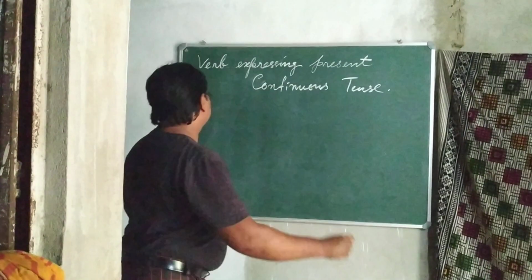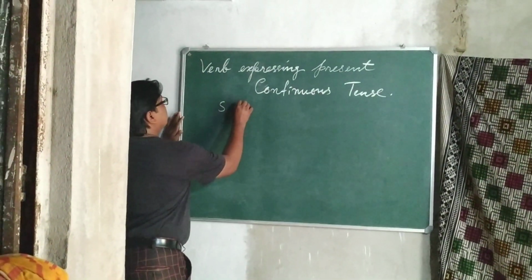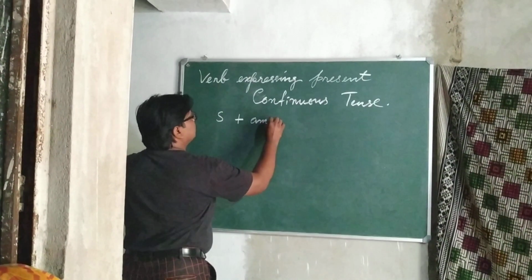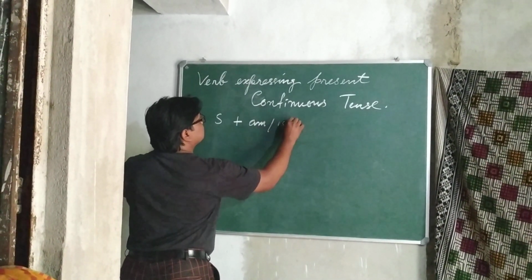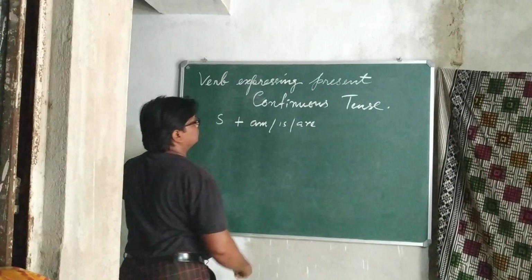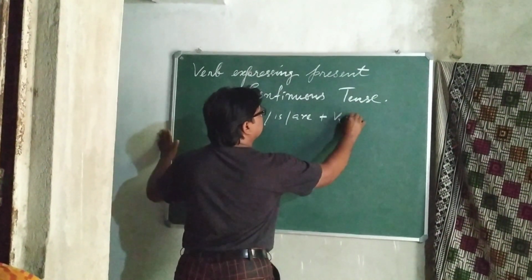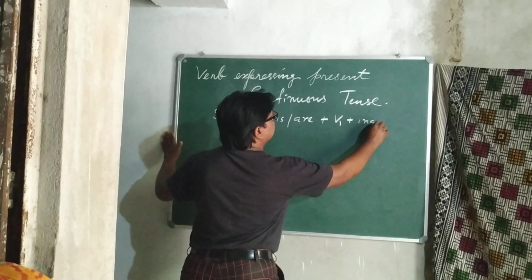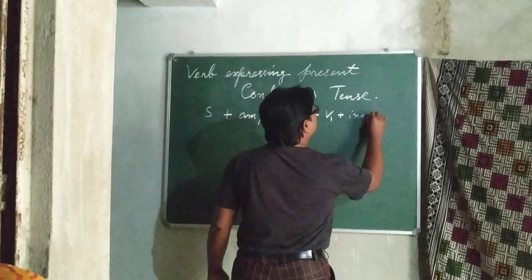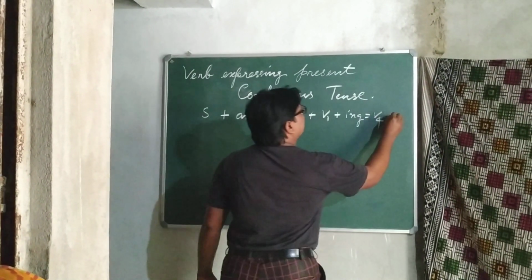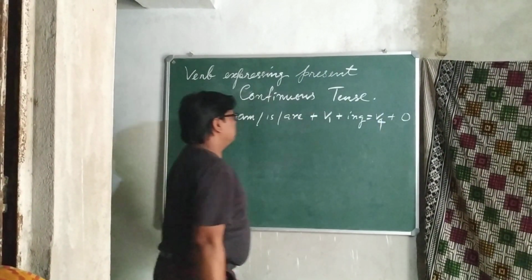The rule is that subject plus am, is, are, plus V1 plus ing, is equal to V4, plus object. These are the rules.